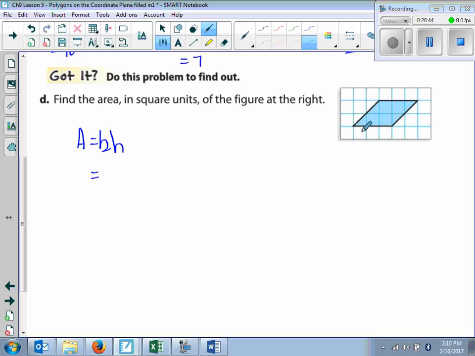So that's 1, 2, 3 for the base. And for the height, that's 1, 2. Very good. That's 2 for the height. So 3 times 2 is 6. And because we're talking about area, it's units squared. Very good.